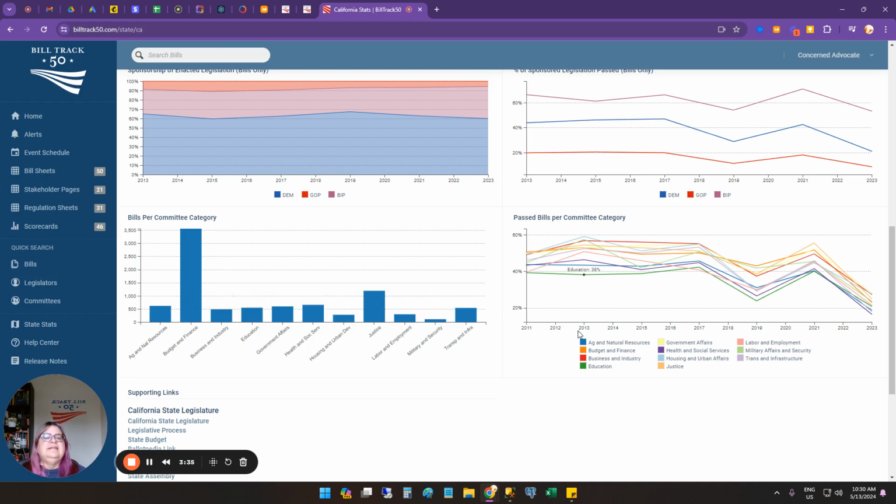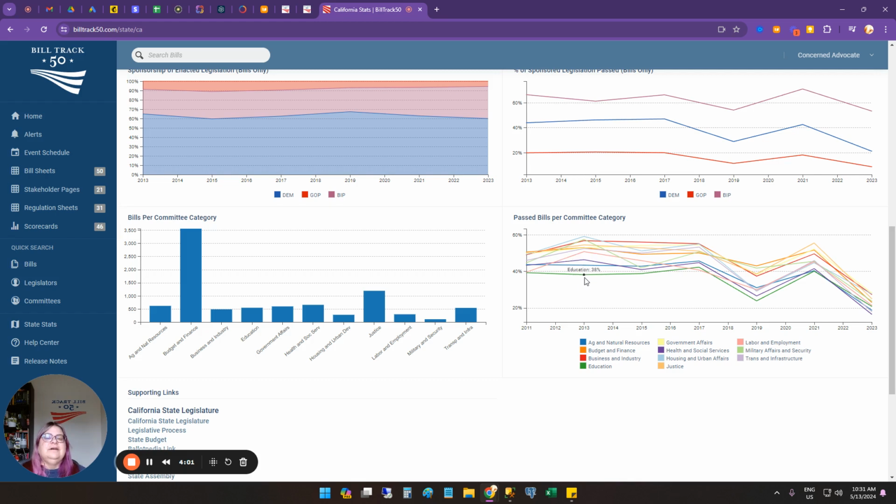And then this is a similar chart of what percentage of them passed. So we can see, looking at 2021, which had been our favorite, that the bills that passed the least were education at 40%, and the most were justice at 55%. But you can see that that hasn't always been the case. So back here, housing and urban affairs in 2013 passed at the highest rate, and education still passed at the lowest rate.